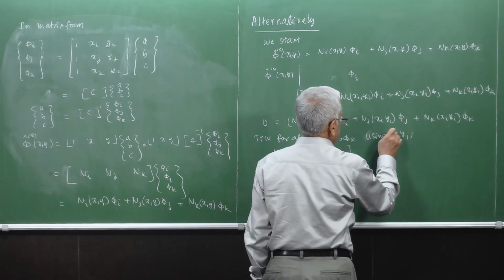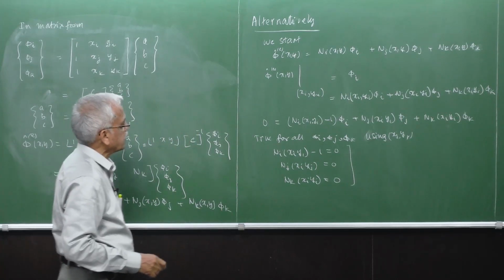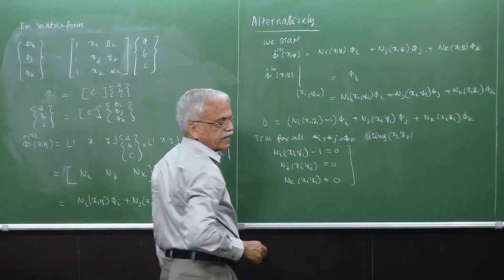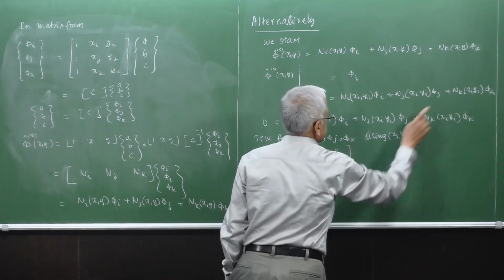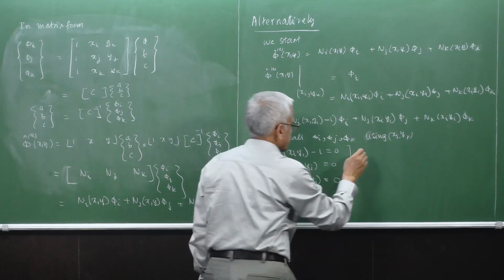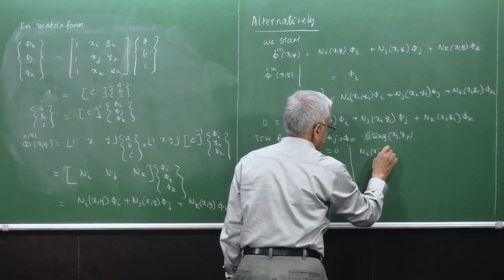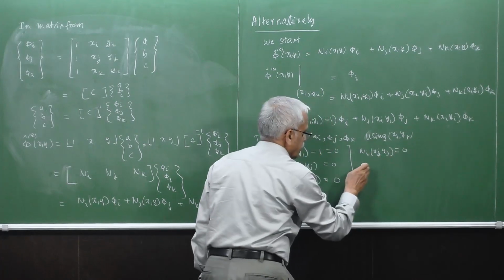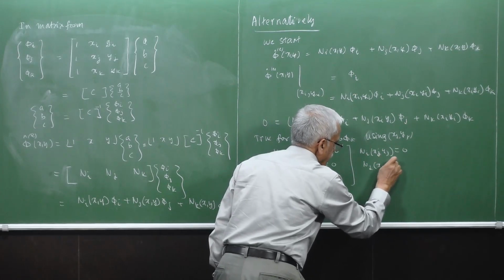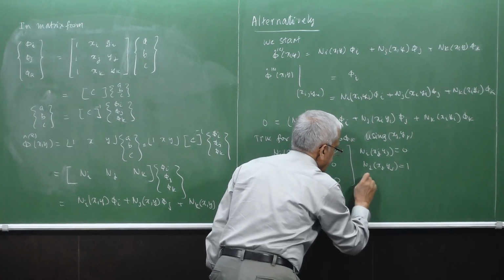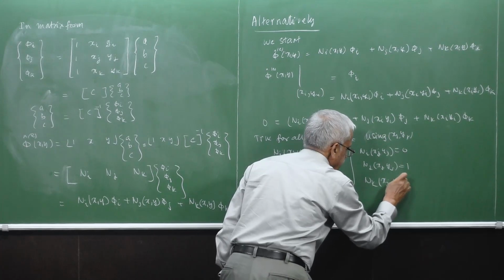Now using xj, yj, what does that mean? Phi at xj yj should be equal to phi j, and then all these things will become xj yj. So what will happen is that Ni at xj yj is equal to 0, Nj at xj yj is 1, and Nk at xj yj is 0.